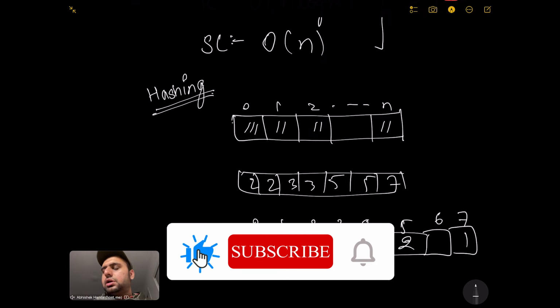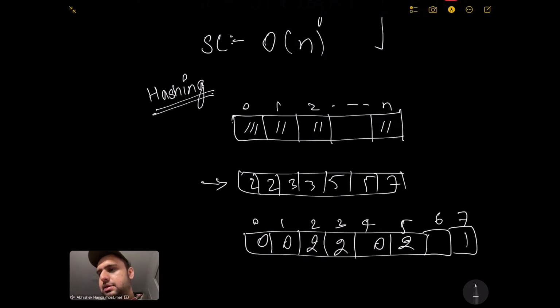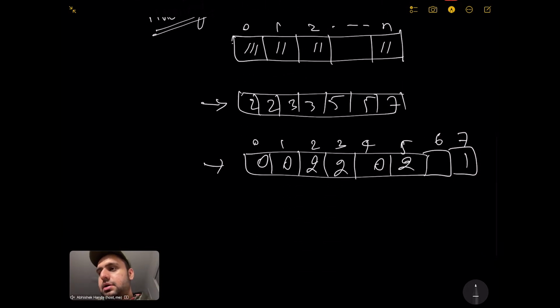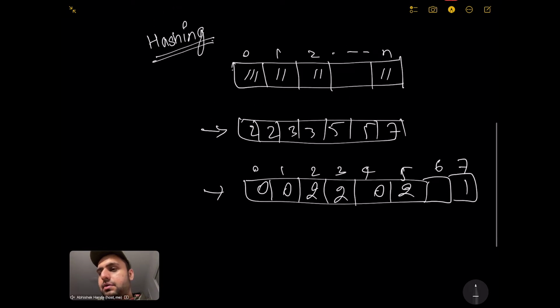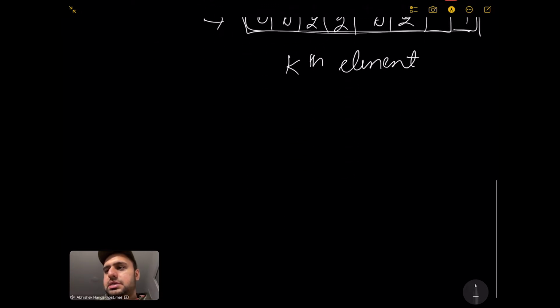What I'll do is first iterate the input array once and make this kind of frequency hash map, and then I'll need to iterate this hash map again for finding the kth element. Let me write down the steps for you.